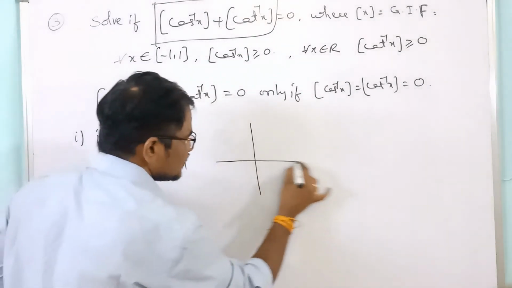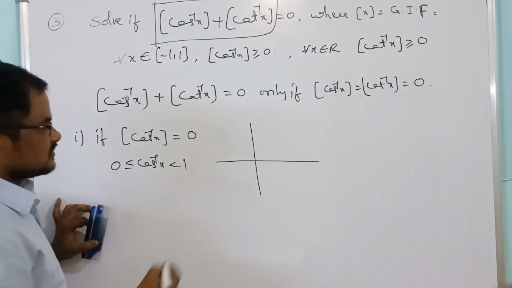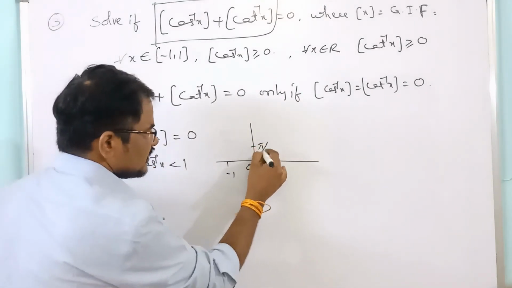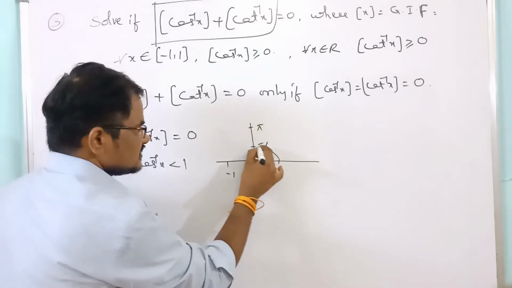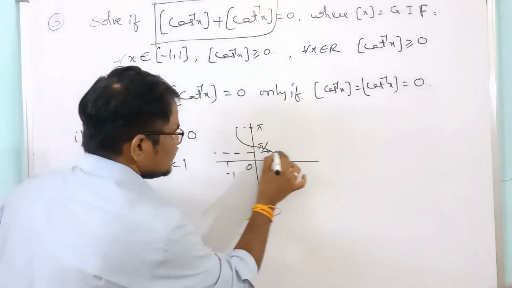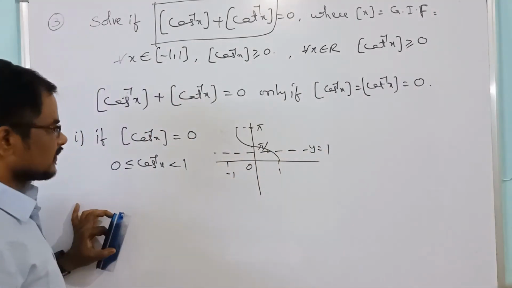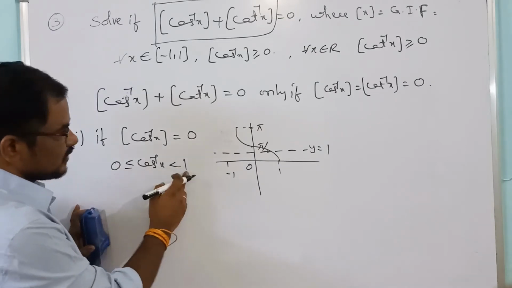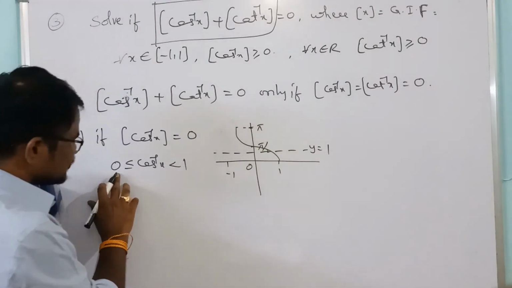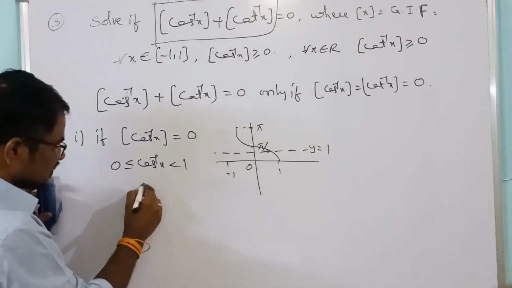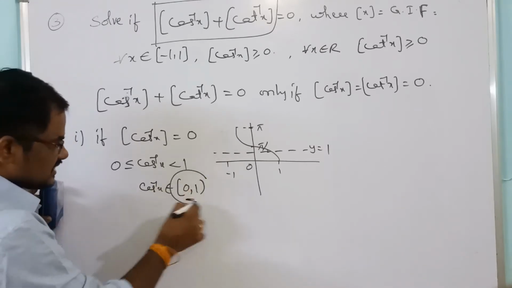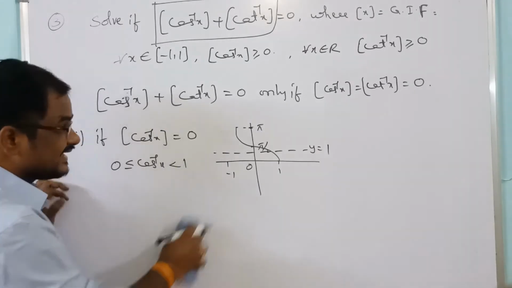Observe the graph of cos inverse x: here 0, here 1, here -1, here pi by 2, here pi. This is the graph of cos inverse x. Here it is y equal to 1. So closed interval 0 to 1 means in this area, cos inverse x belongs to closed interval 0 to open interval 1. So in this interval, cos inverse x is decreasing, right?